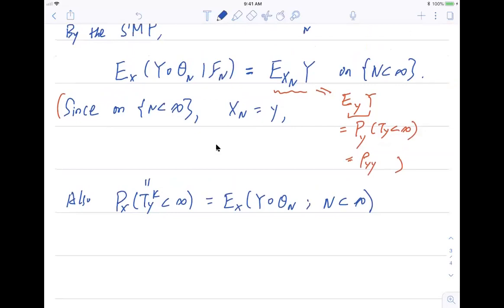This equals E_x, and you integrate the indicator function. The probability is just the integral of the indicator function, which is actually just this.